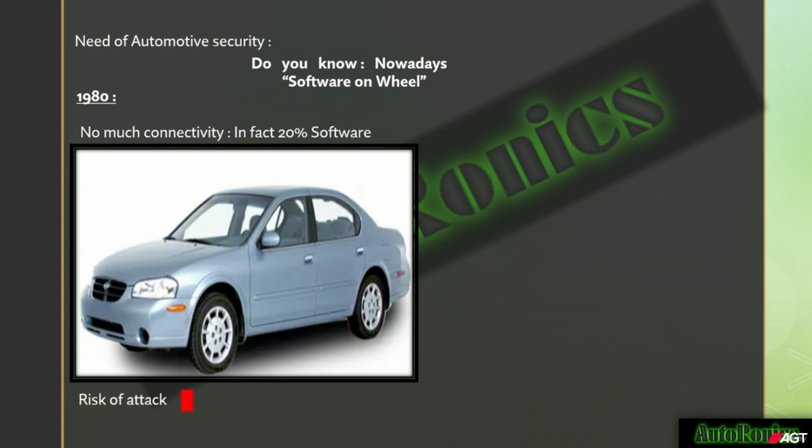Hacking or attacks on the vehicle were not present at those times. The vehicle could still be stolen, but only through mechanical elements, like reproducing the mechanical form of the key, not through software. That was a phase where the risk of attacks on automotive was very low. In fact, there was none.